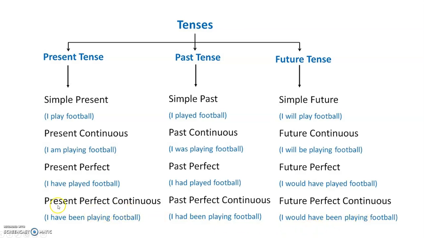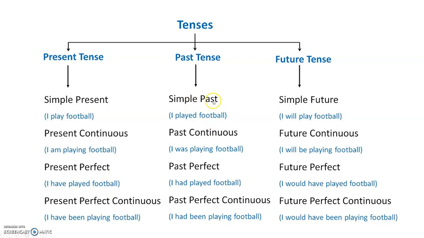So when it comes to perfect continuous, always remember being is common. Is that clear? Okay. So when you look at this table, now children, you should know this table well by heart. If you know this table, for any sentence, any verb, you should be able to know what you have to write. Okay. This is one example. But if you get any example, you should be able to write it this way.